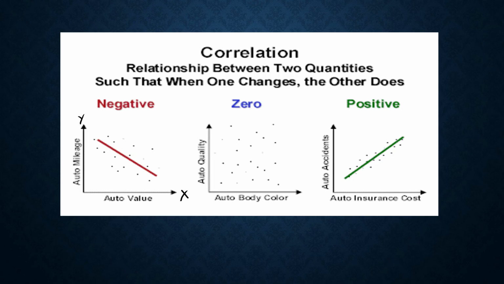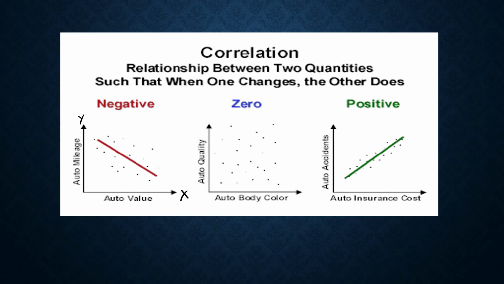For zero, as you can see, the points are scattered. There is no direction on the given scatter plot. That implies that the auto body color and auto quality have zero correlation. There is no correlation at all.